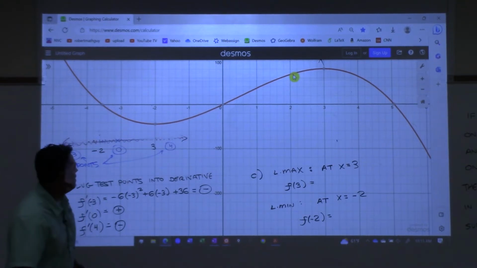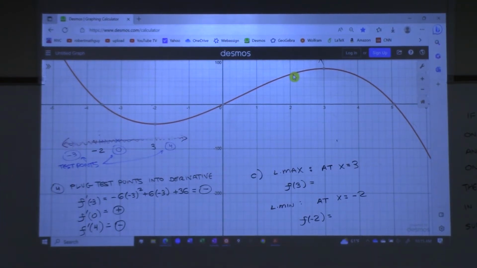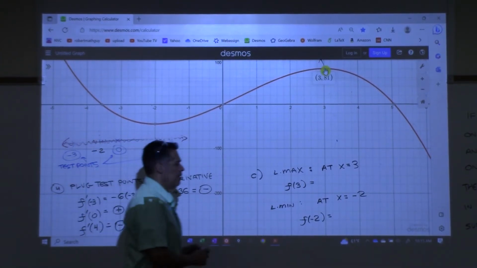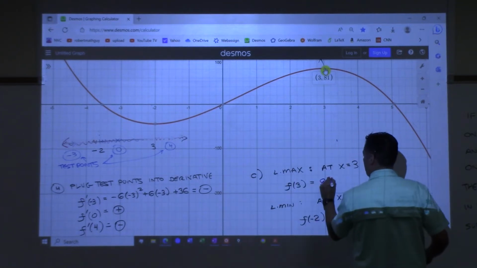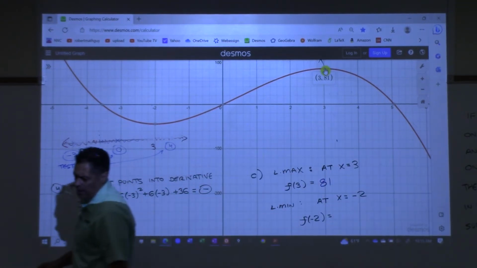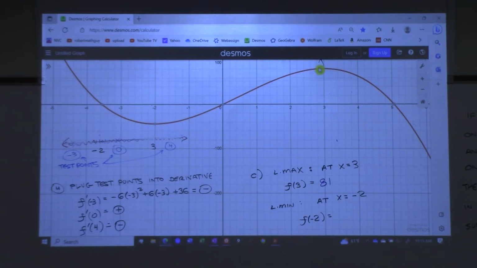Now to actually find the values, I have to plug those numbers in, which I didn't do. So let me go to 3 and I'll have the computer do it. You get 81, okay? So you get 81 if you plug 3 into the function. And then if you plug in -2, you get -44.